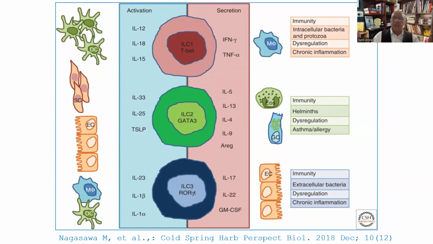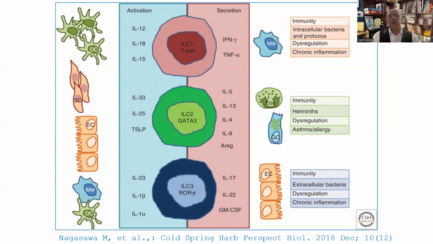The ILC1s also include the NK cells. They all depend on the transcription factor TBET, and they secrete a lot of interferon gamma in response to IL-12 and IL-18, which are secreted by macrophages and dendritic cells, and these help in the generation of inflammation also.